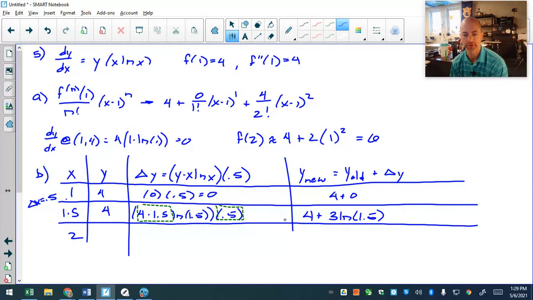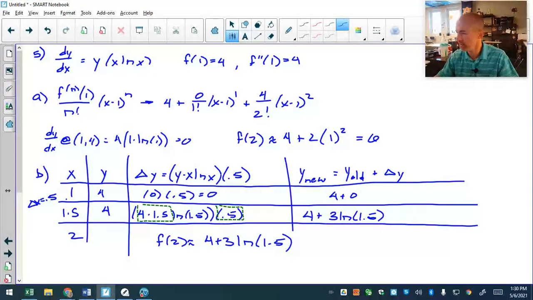And so that is your final y coordinate. So f of 2 is approximately 4 plus 3 natural log of 1.5. That is really atypical for them, to put something where you cannot at least get a common denominator and combine it. But that's okay. I mean, they can do that, whatever.